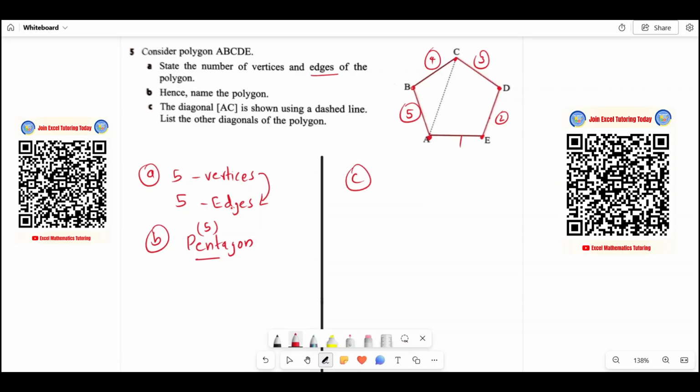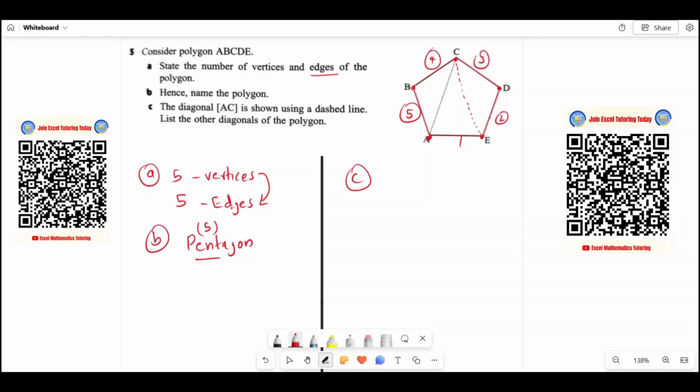Now C, the diagonal. C says the diagonal AC is shown using a dashed line. So list the other diagonals of the polygon. We need to find how many diagonals are possible for this polygon. AC is already given. Now we can draw like this.